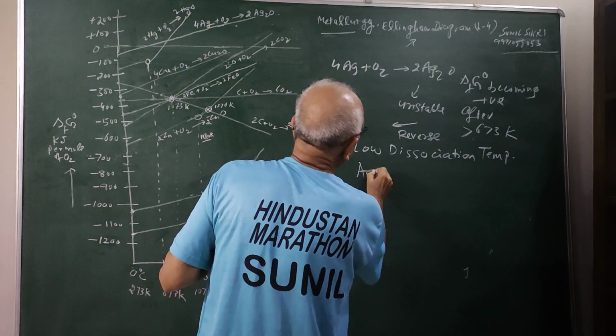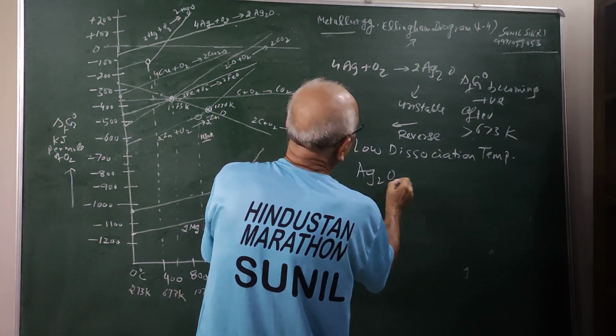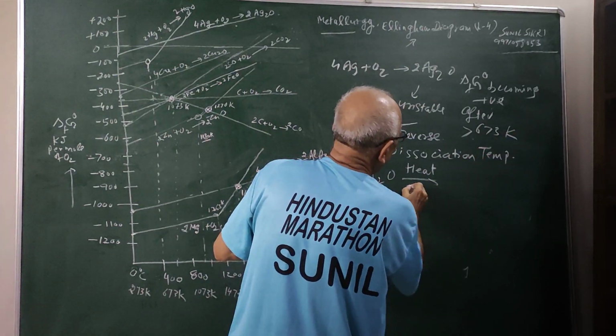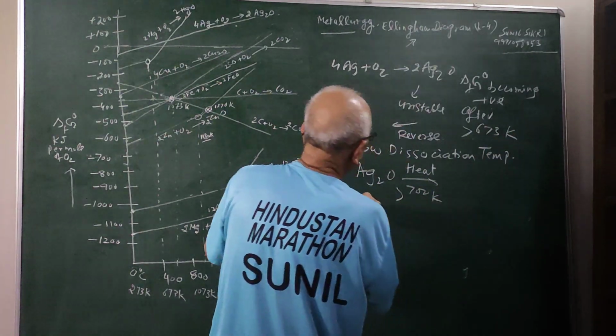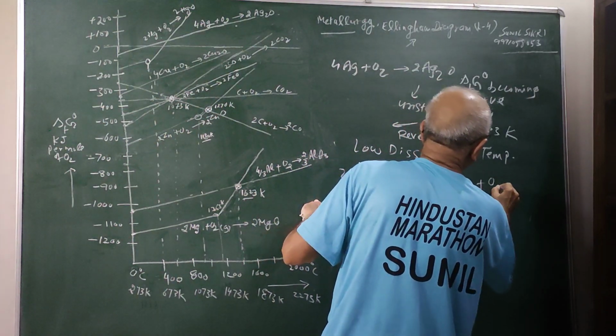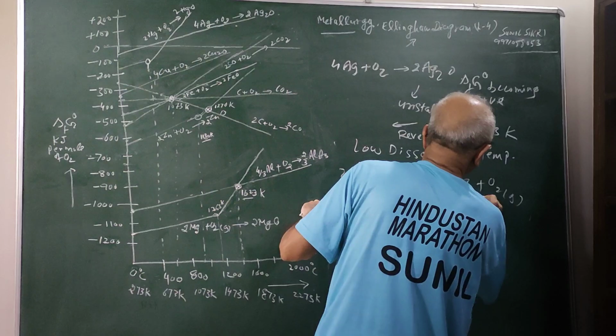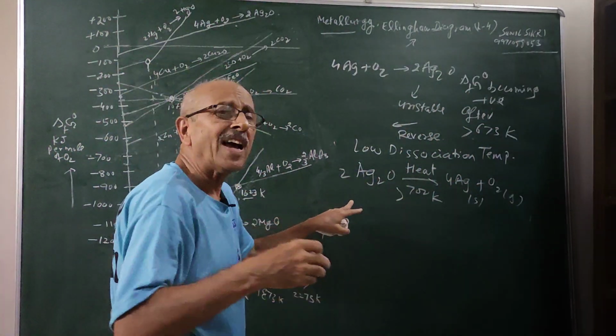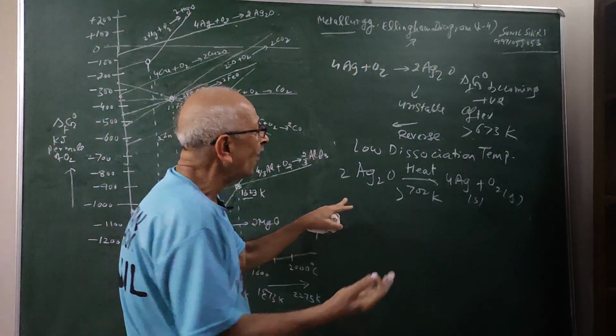Hence, if I heat the silver oxide above 700 or 800 Kelvin temperature, what is the result of this? It will dissociate to give silver and oxygen. So this metal oxide Ag2O can be reduced only by heating.